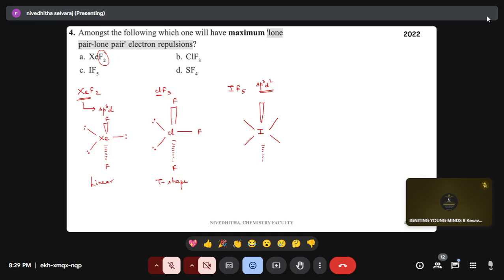But iodine has only 5 fluorine atoms, 1, 2, 3, 4, 5. Now I have one lone pair of electrons here. The original shape was octahedral, but in octahedral we got one lone pair of electrons. Now the shape is square pyramidal.